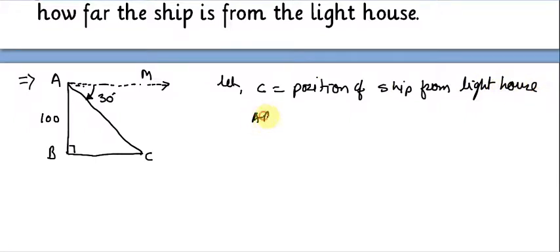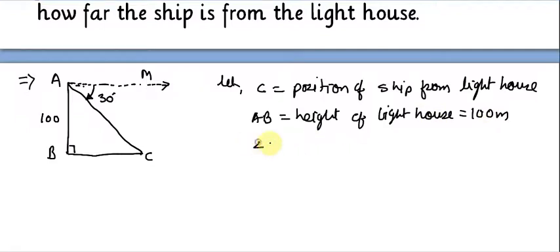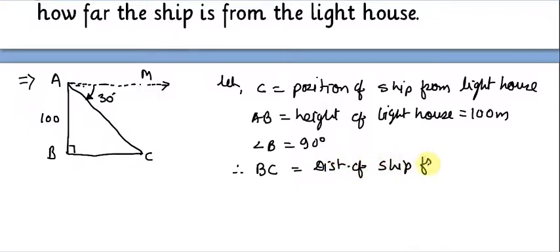AB equal to height of lighthouse equal to 100 meters, angle B equal to 90 degree, therefore BC equal to the distance of the ship from the lighthouse.